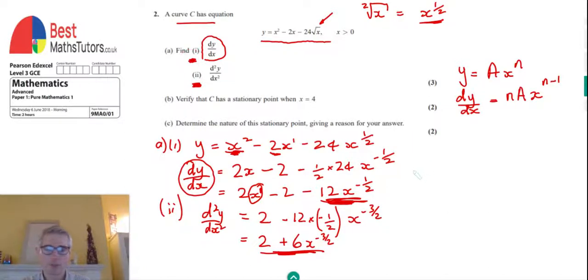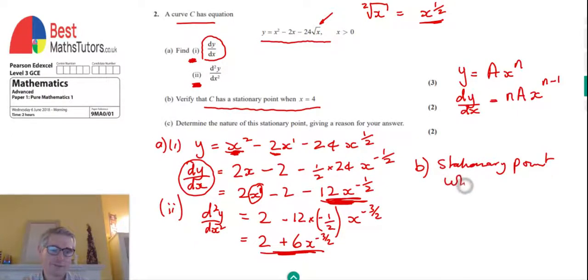Now on part B, we've got to verify that this curve has got a stationary point when x equals 4. Well, we have stationary points when dy dx equals 0.